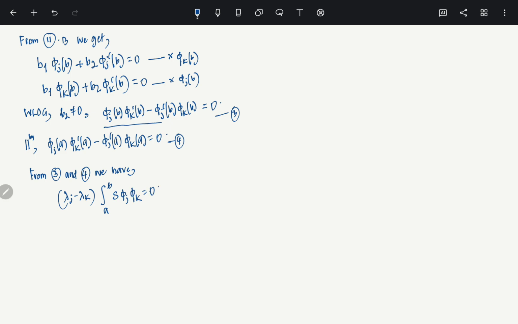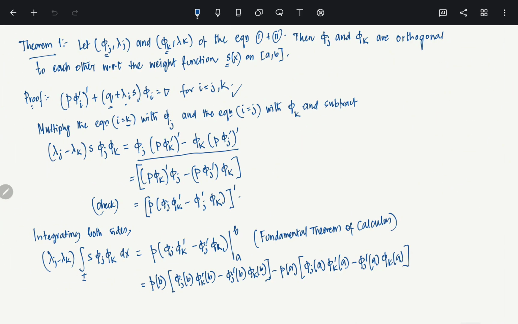Because this expression, phi j phi k prime minus phi j prime phi k, evaluated at the point b is 0, and similarly this whole thing evaluated at the point a is 0. So if this thing is 0, then this expression becomes 0, right?